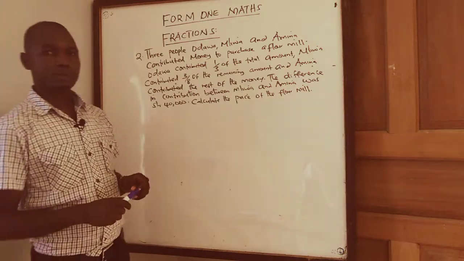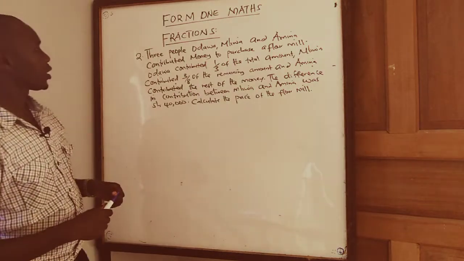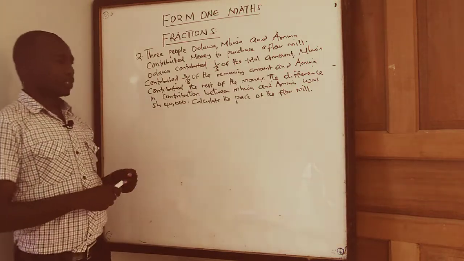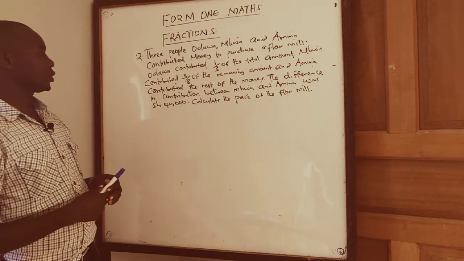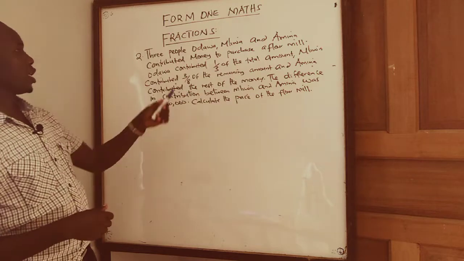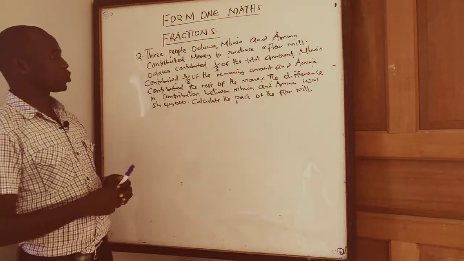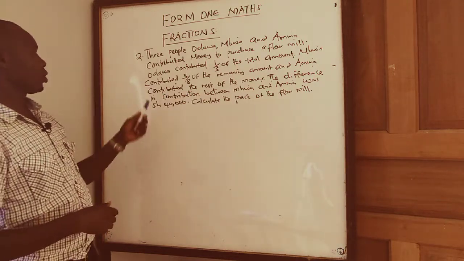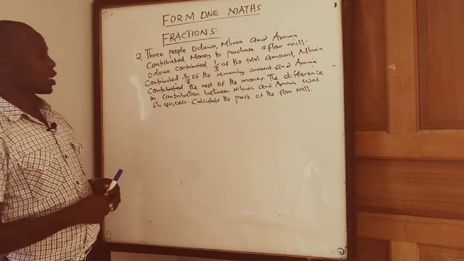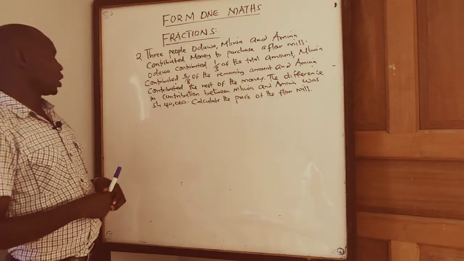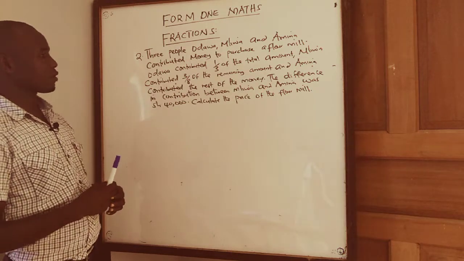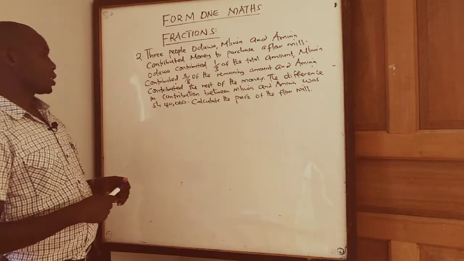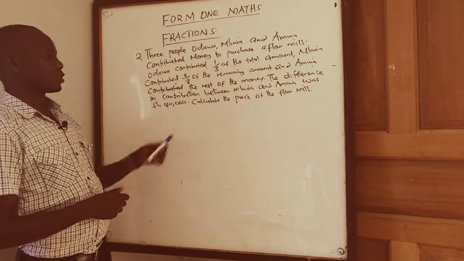Going to our second question. The question is a word problem. It reads: 3 people, Odawa, Mliwa, and Amina, contributed money to purchase a flour mill. Odawa contributed a third of the total amount. Mliwa contributed 3/8 of the remaining amount, and Amina contributed the rest of the money.